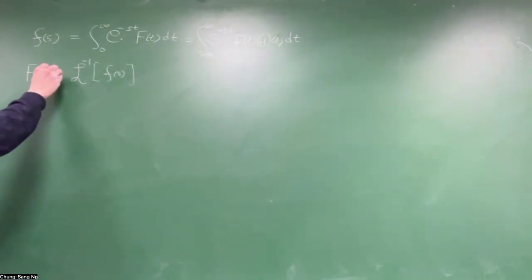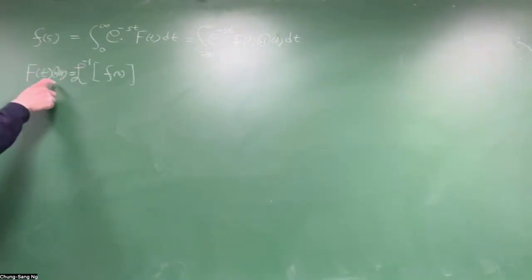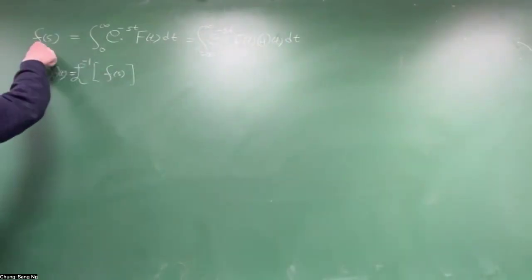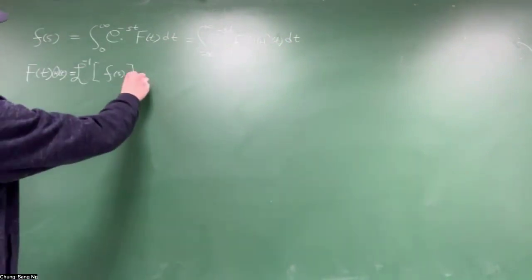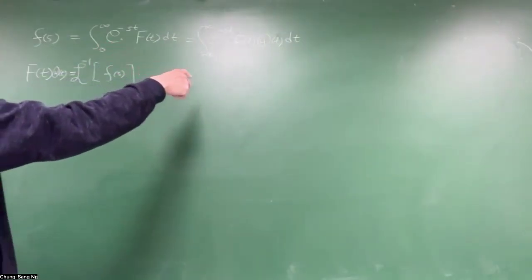In that case, we want the inverse transform for this function. So f times theta is now the inverse transform of F. Now the second problem is this exponential function. In the Fourier transform, this is either e to the i omega t or minus i omega t.